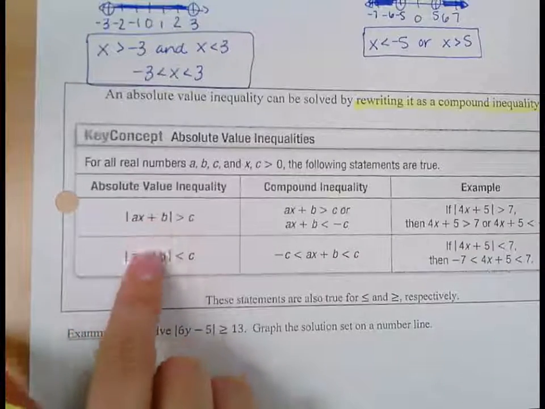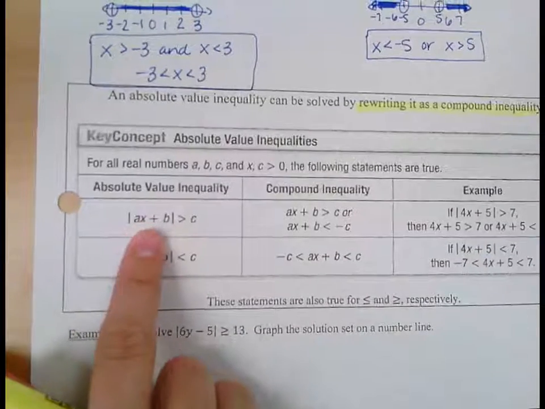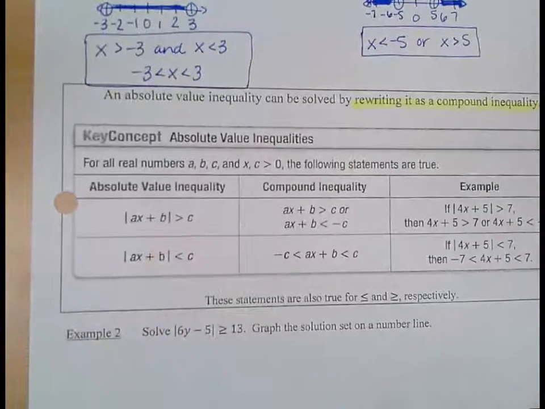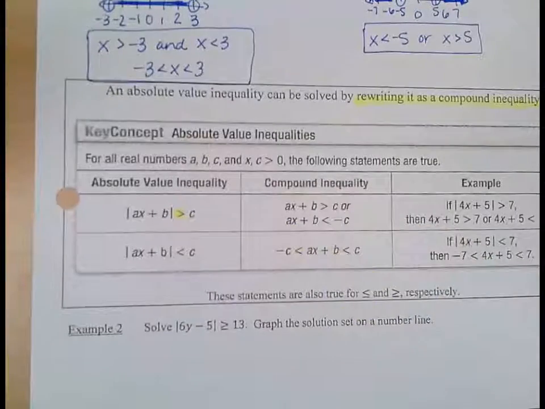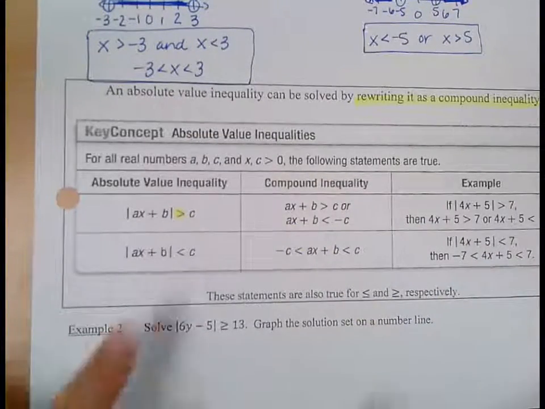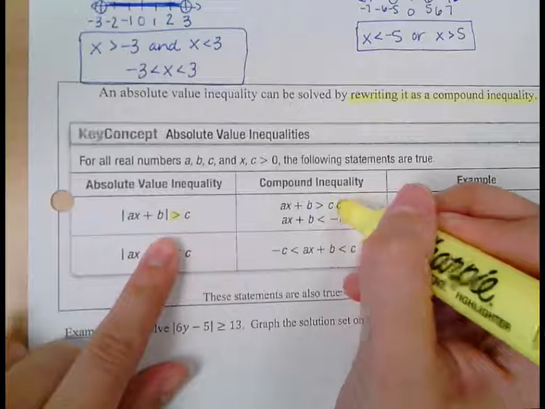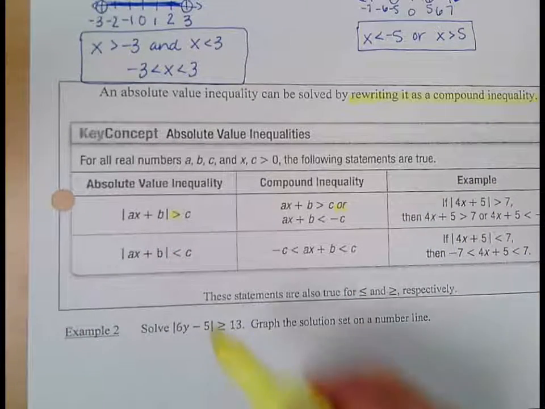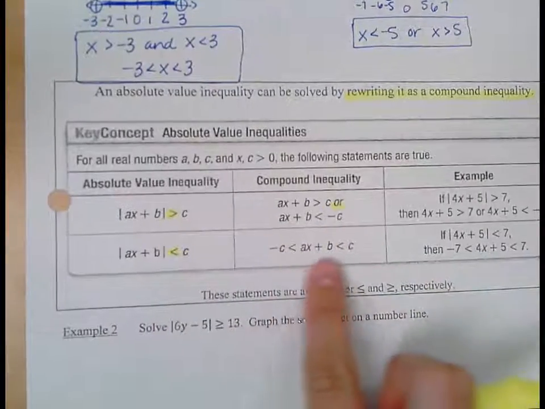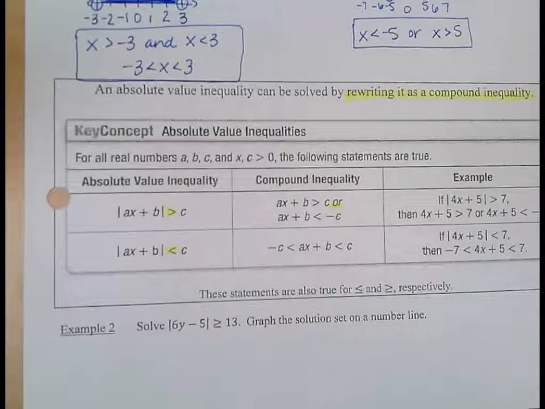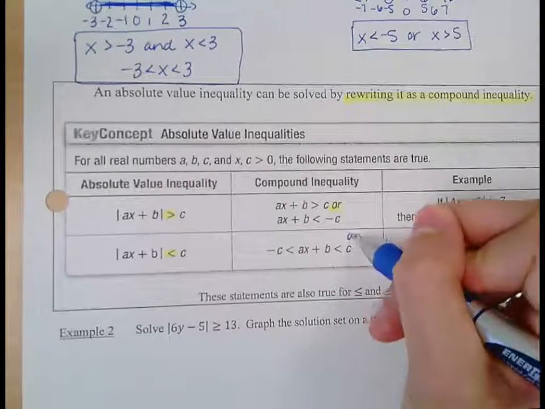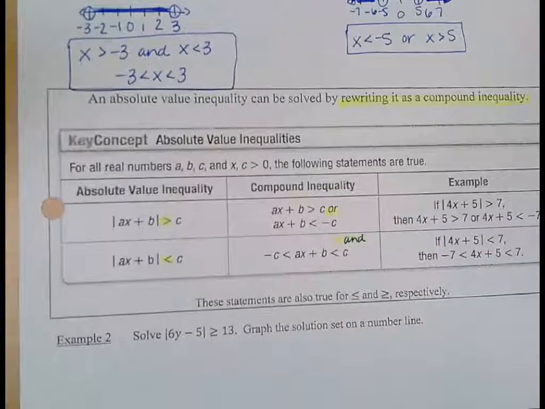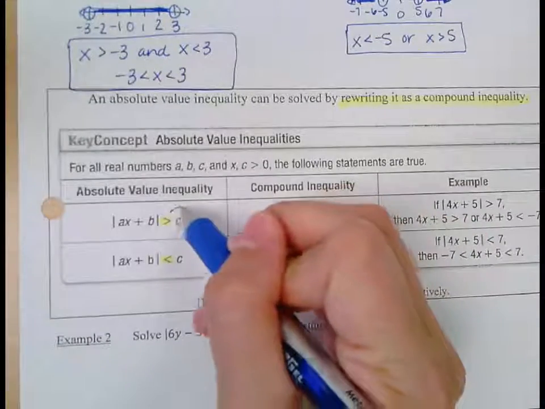So if we look at this box, first of all, if you have an absolute value inequality in this form where you have a greater than or equal to symbol, if it's greater than, it's going to be a compound inequality joined by or. And if it's less than, I know this is written in the combined way, but it's a compound inequality joined by and. If you haven't heard this before, this is a way I remember it.